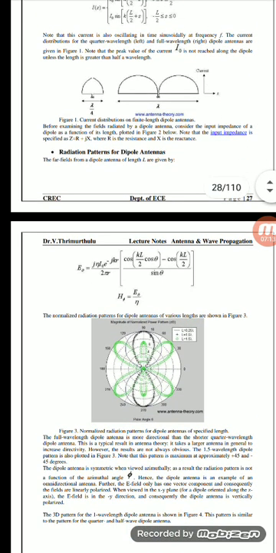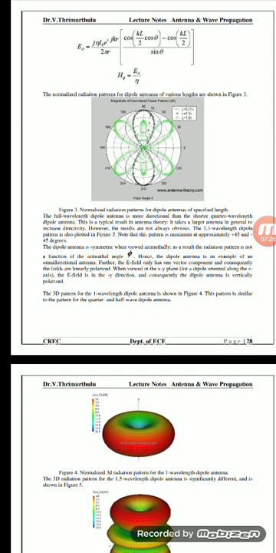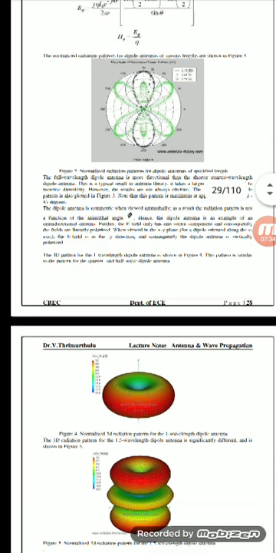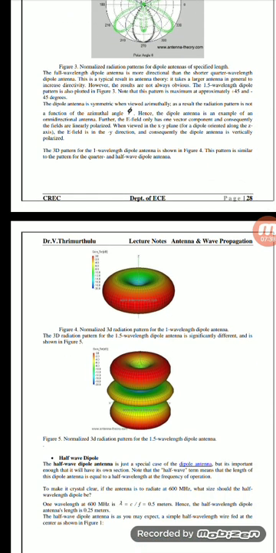These are the normalized radiation patterns from the dipole antenna, specified by different equations. Here is the 3D radiation pattern for one wavelength of the dipole antenna, a three dimensional view.